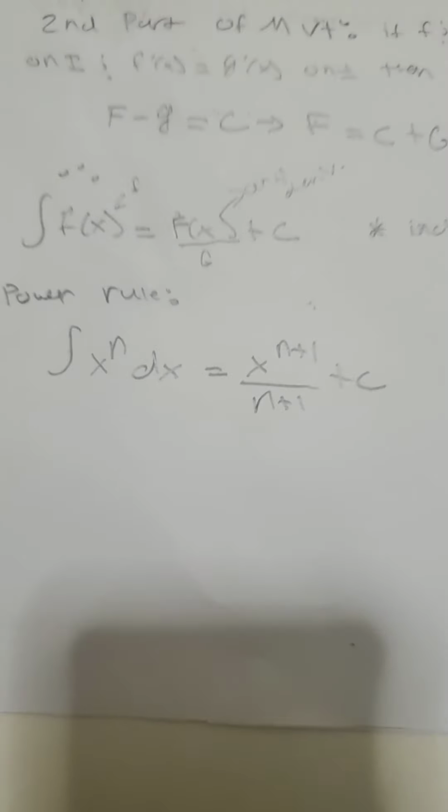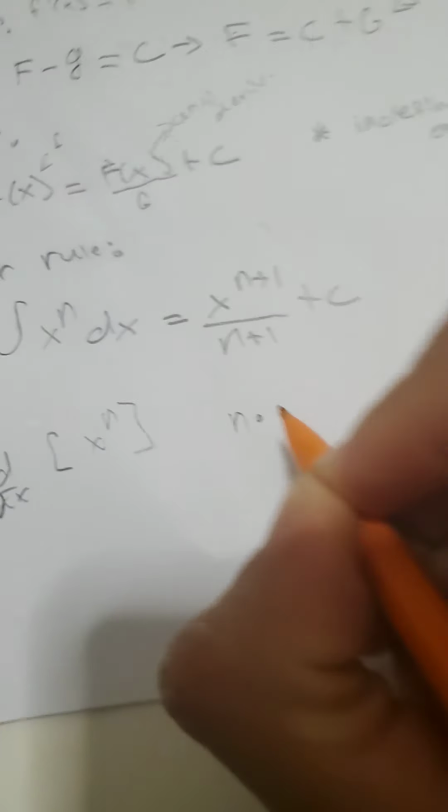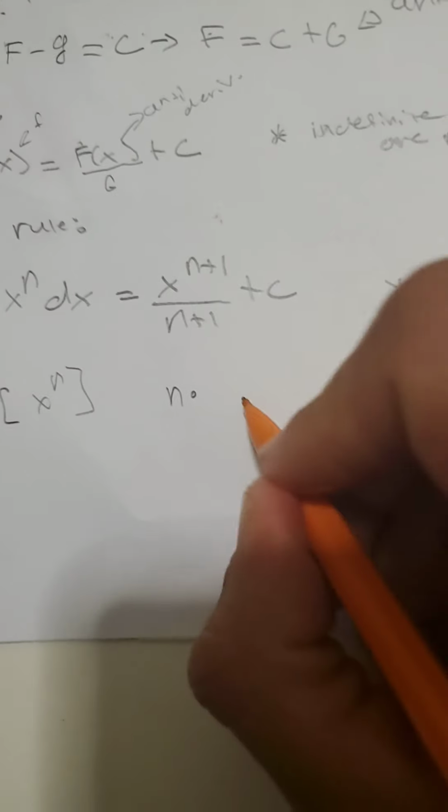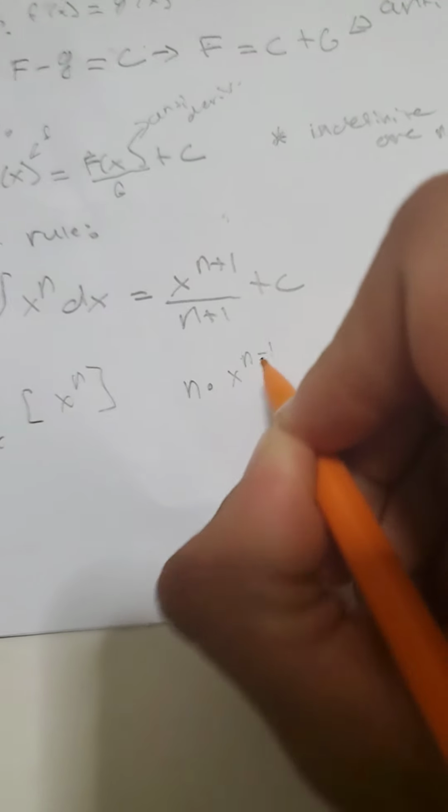So the most common is the power rule. The integral of x to the n dx is equal to x to the n plus 1 over n plus 1, plus c. With the derivative, d over dx of x to the n was equal to the power times the function with the power subtracting 1.